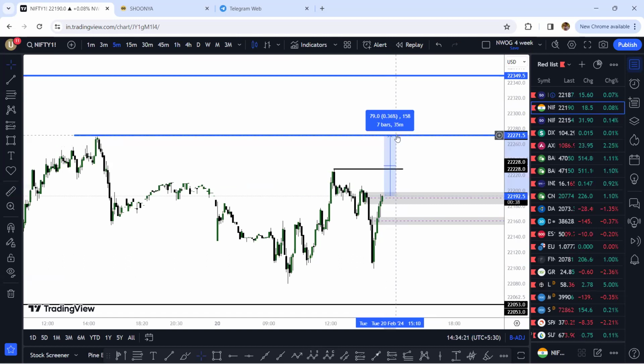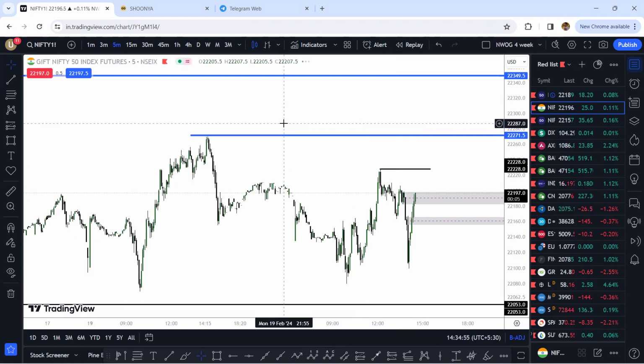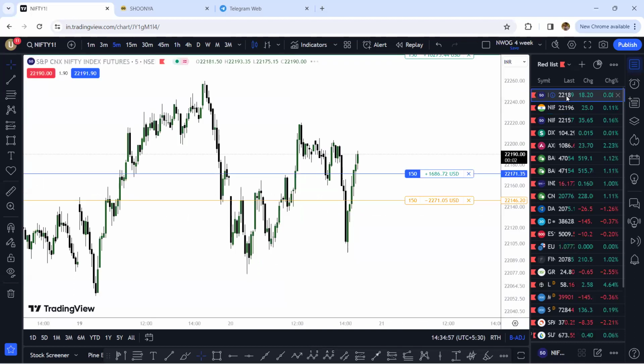It's going to be at least 80 points. I'm still expecting a very sharp run from here, a very sharp run from here.